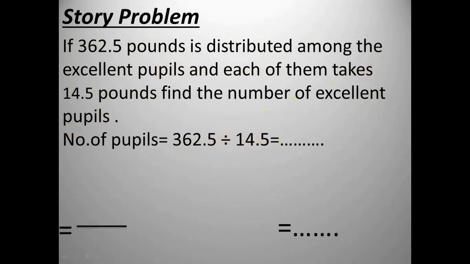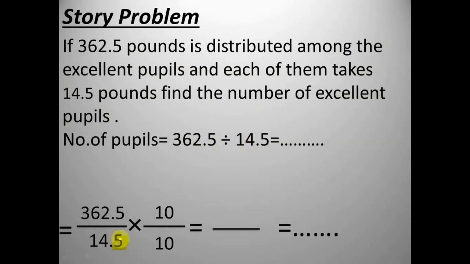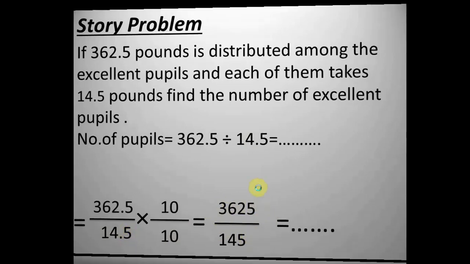We change it into fractional form and multiply. We have 1 decimal digit, so we must multiply by 10 in the numerator and 10 in the denominator. The result will be 3625 over 145. We must carry out this division on another slide.